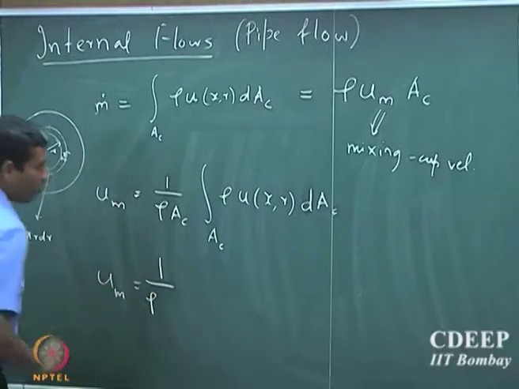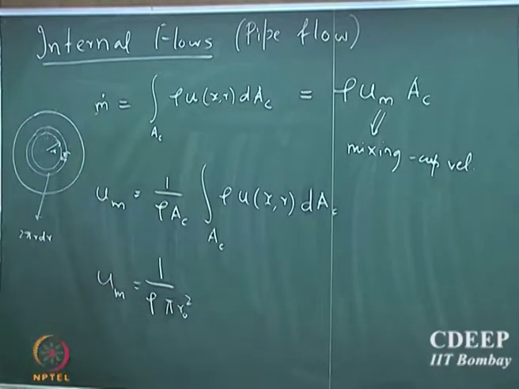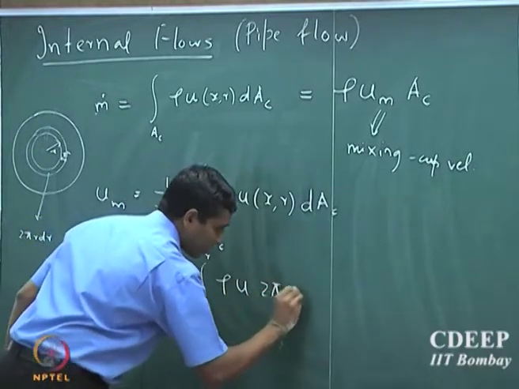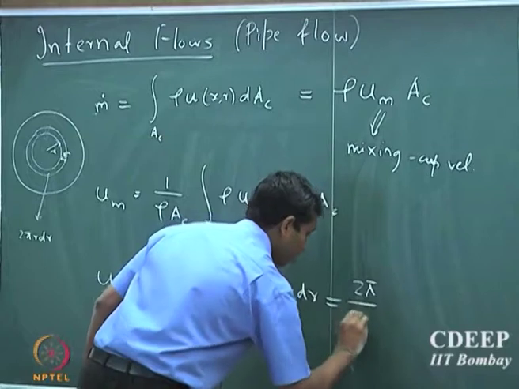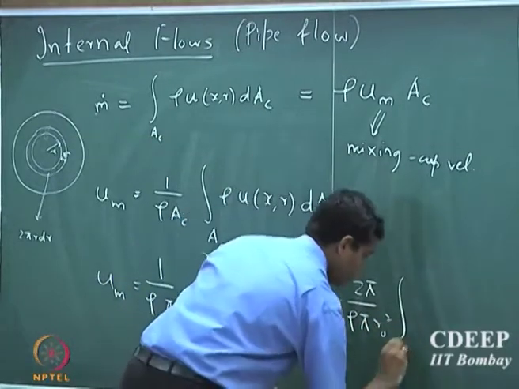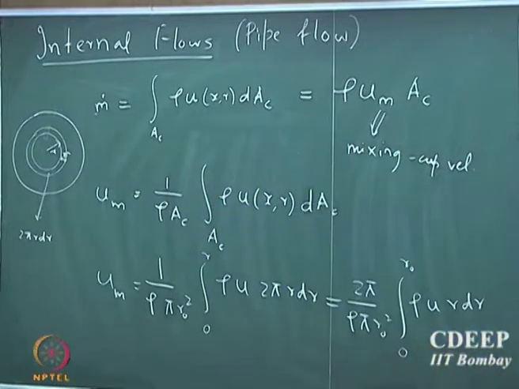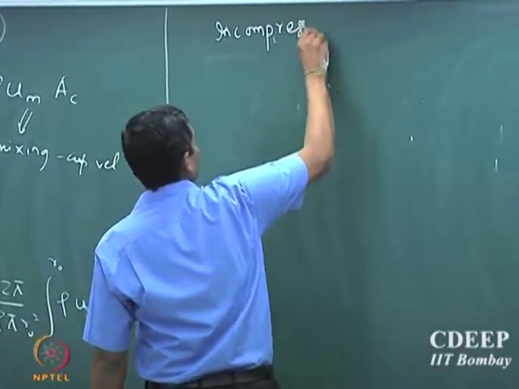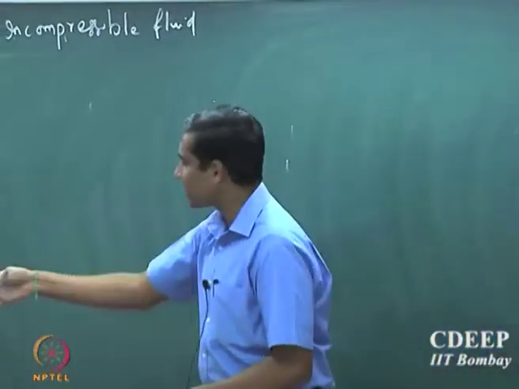UM will be 1 by rho times the cross sectional area, which is pi r naught square, where r naught is the radius of the tube, times the integral from 0 to r of rho u 2 pi r dr. So that will be 2 pi by rho pi r naught square, integral of r dr. Now if I assume that it is an incompressible fluid, then the density does not change, and so I can pull the density out of the integral.